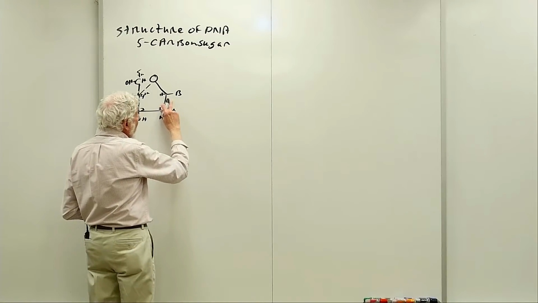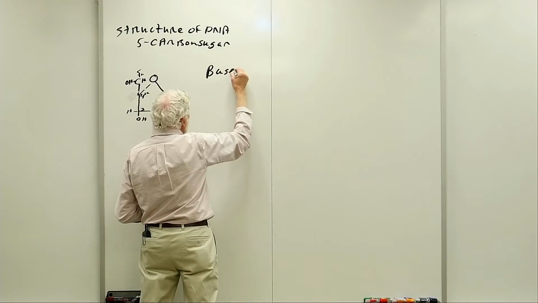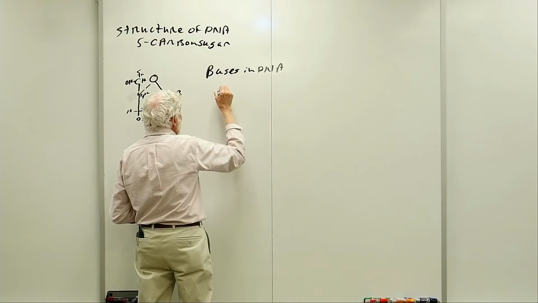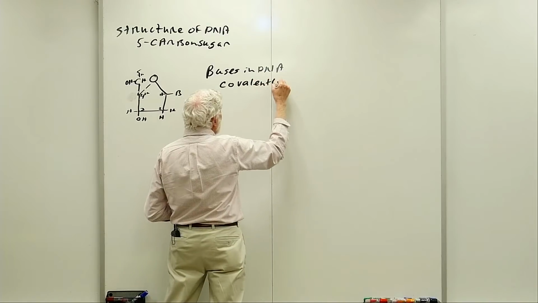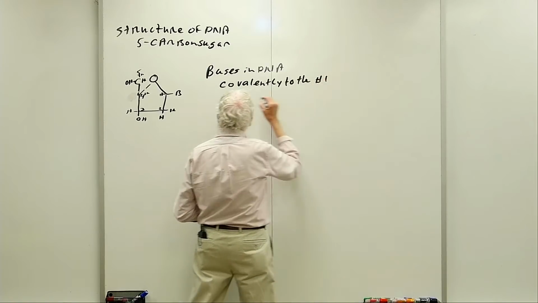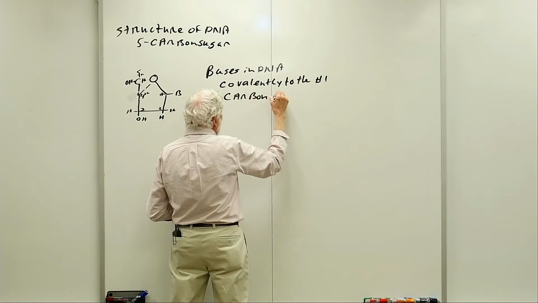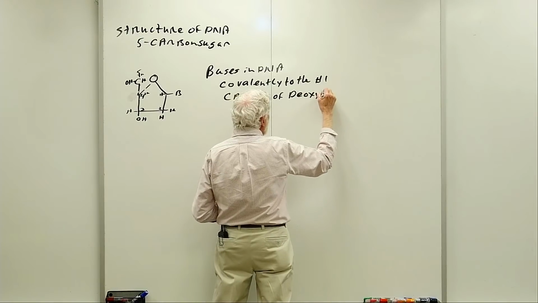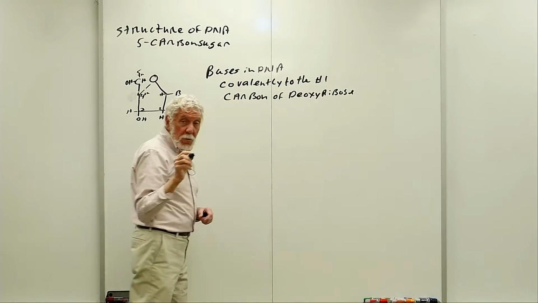The bases in DNA that are covalently linked to the number 1 carbon of deoxyribose can be of 4 types.